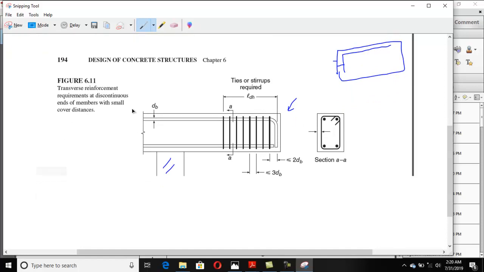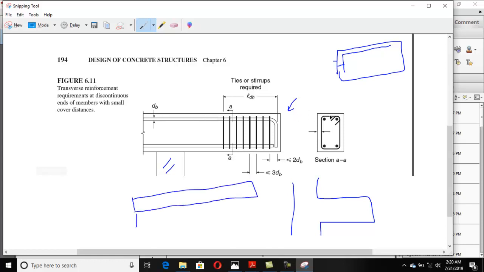This is also a discontinuous edge, and sometimes a discontinuous edge occurs when a beam enters or is framed into a column. When a simply supported beam occurs, this is also a discontinuous edge. So one is a continuous edge and one is a discontinuous edge. You must know the difference between these two because it comes under use.